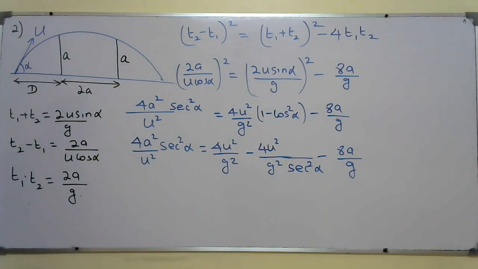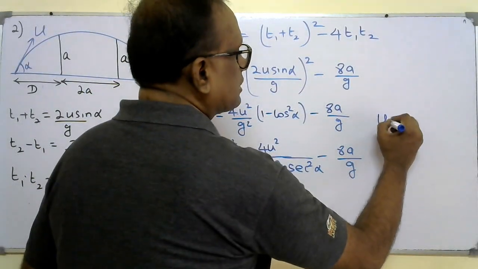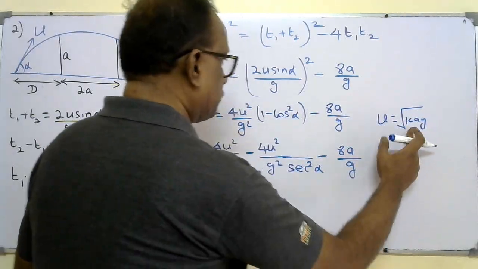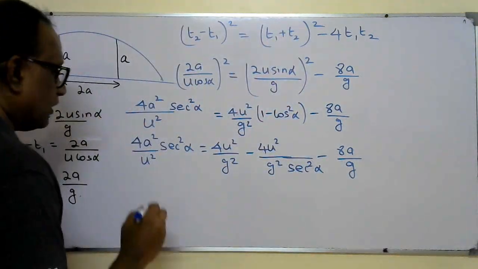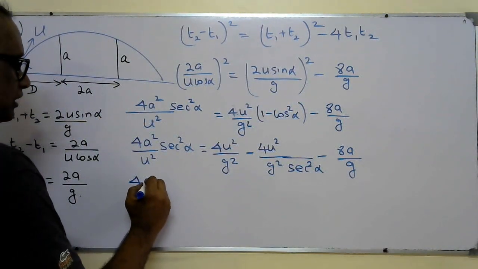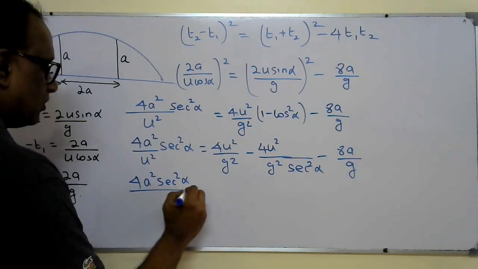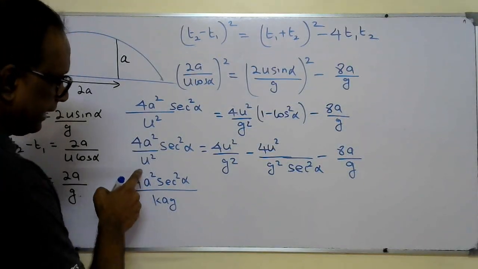Okay, so next. We'll substitute u equals square root of k a g, as given. We'll substitute that everywhere because the a's will get cancelled. So I'll substitute now. It's going to be 4a squared sec squared alpha over k a g. So now here a is going to get cancelled.